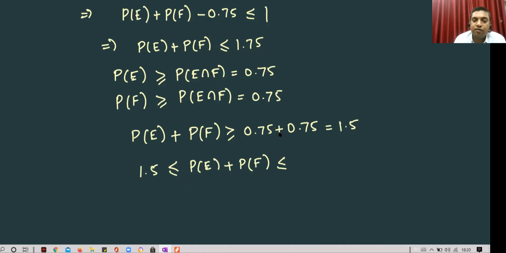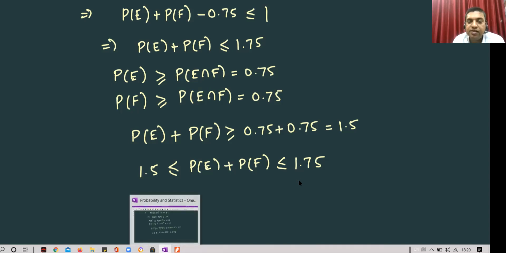P of E plus P of F lies between 1.5 and 1.75. Are these mutually exclusive? Answer.